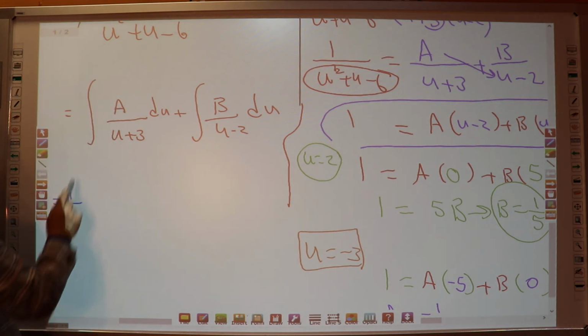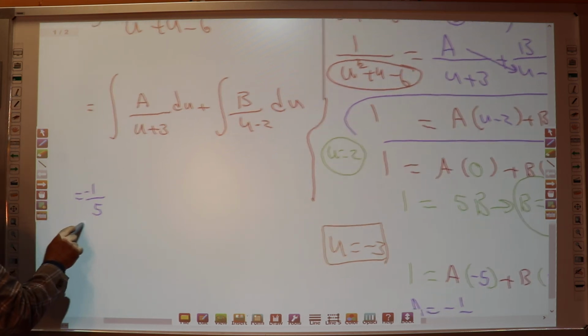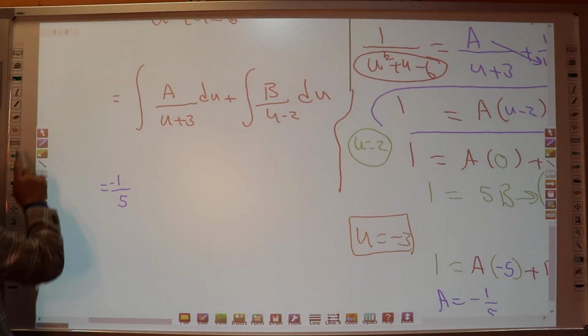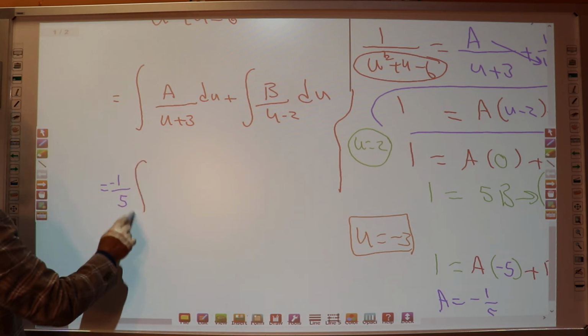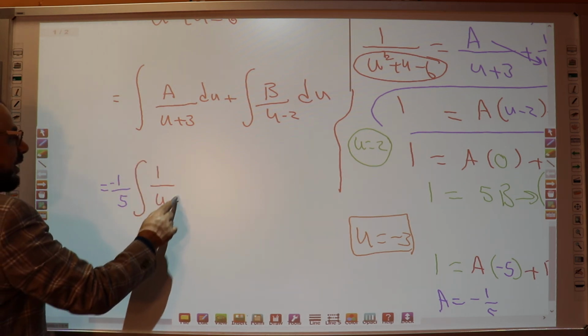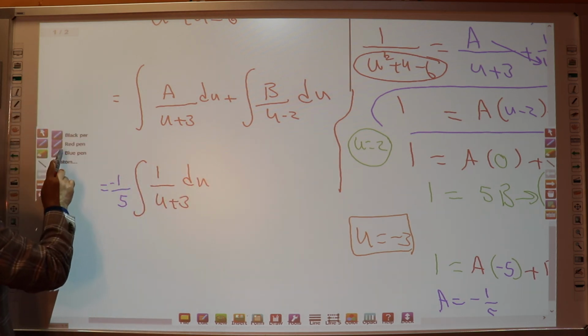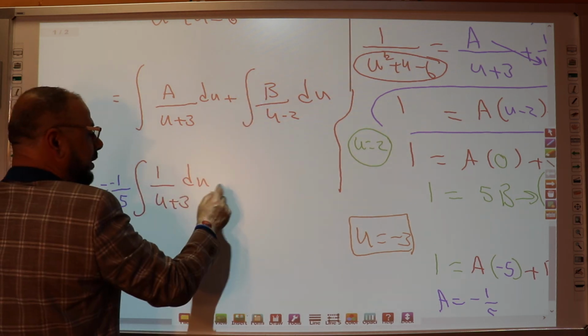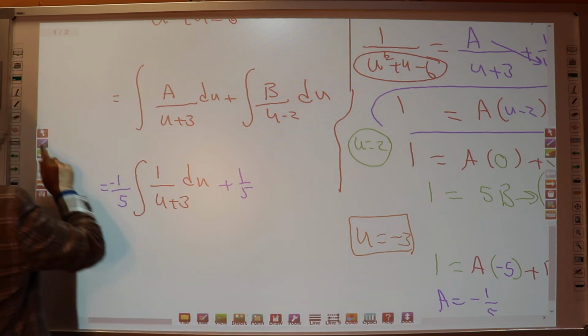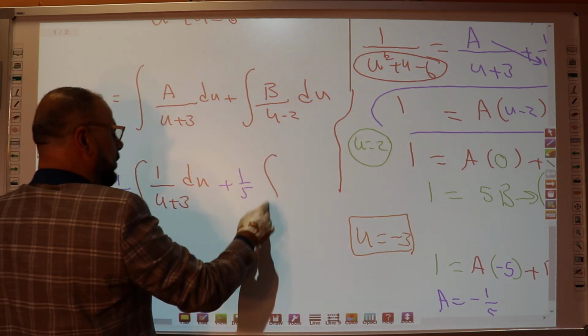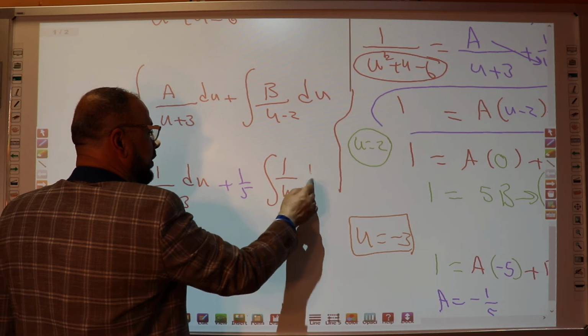For A, negative 1/5 integration of 1 over u plus 3 du, and for B, 1/5 integration of 1 over u minus 2 du.